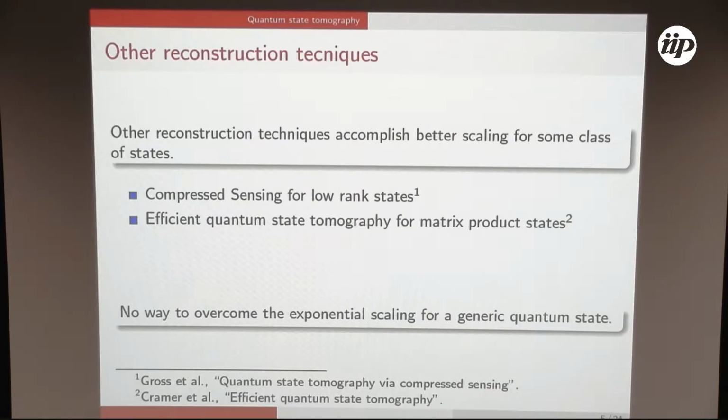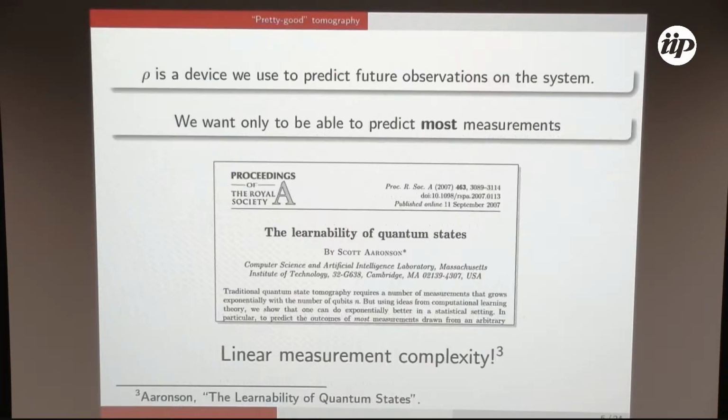This exponential complexity is why we like quantum states in the first place. But if we approach the problem from a different point of view, we could ask ourselves what a density matrix actually is. It's a device which we use to make predictions for our system, given some previous observations.